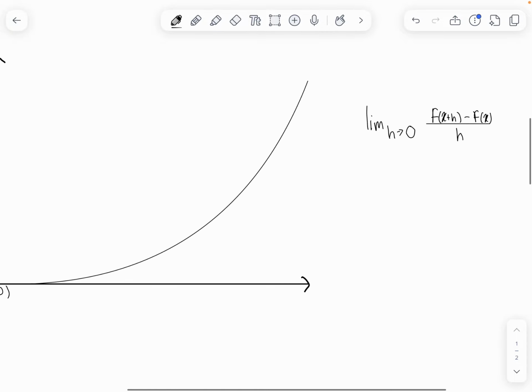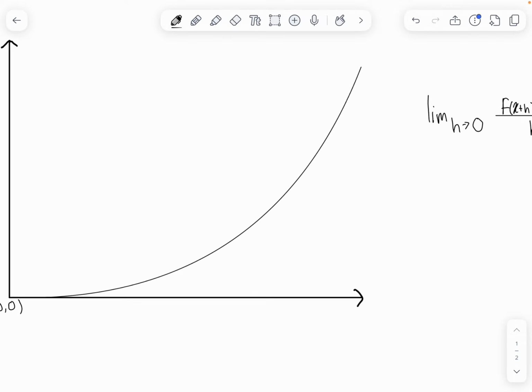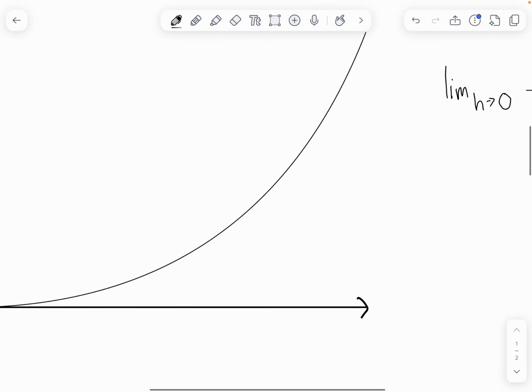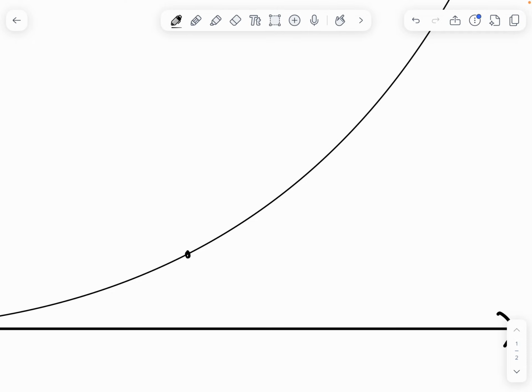First, remember how I said a derivative is used to calculate the slope of any point on any function. Well, let's say we want to calculate the value of a slope right here. But this is a curve. So how do we do that?